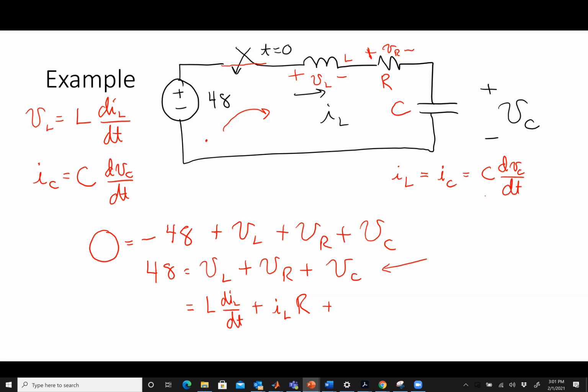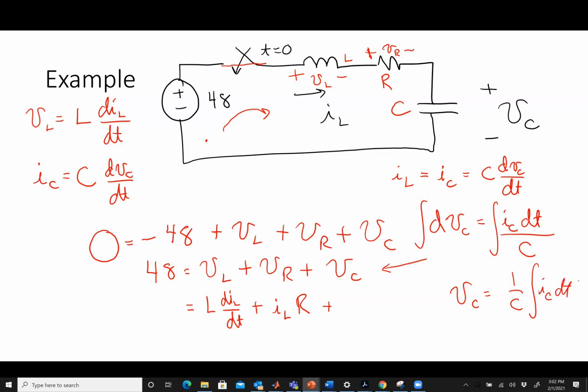So if I rearrange this, V sub C, dVc equals IC dt over C. So I just rearrange my differential equation. If I integrate both sides of that expression, I get V sub C. I just undo the derivative here. V sub C equals 1 over C integral of I sub C dt.